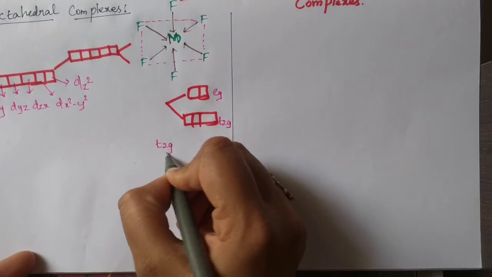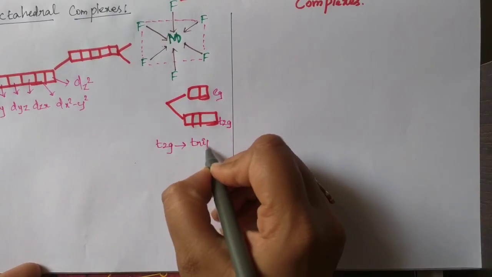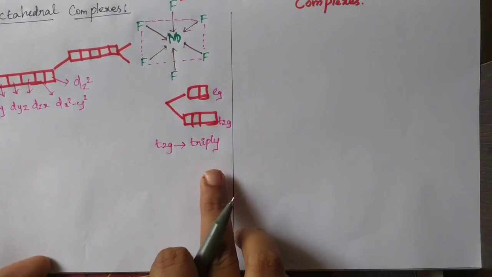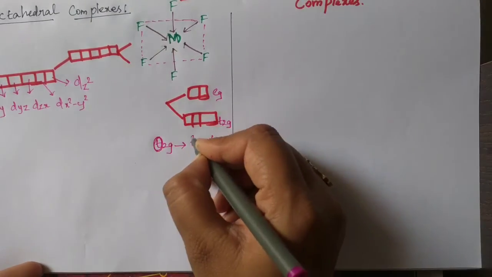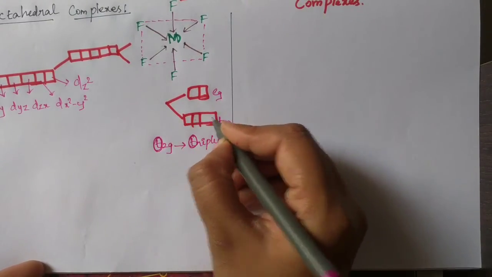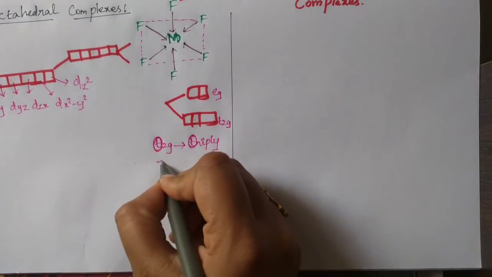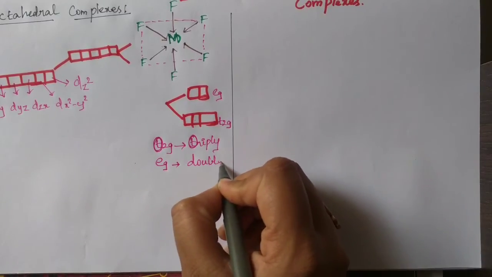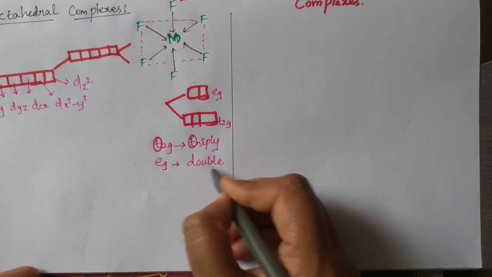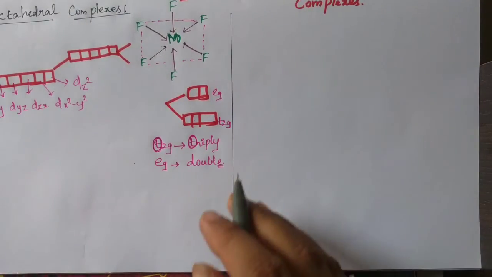Here T represents triply degenerate, that means it has 3 orbitals. And E represents doubly degenerate, it has 2 orbitals. Clear students?